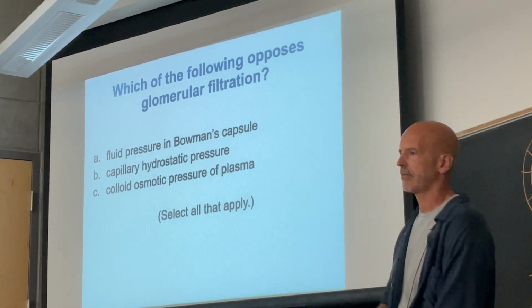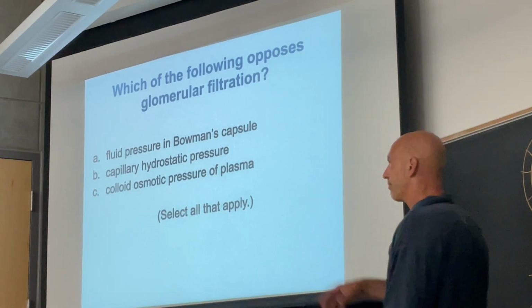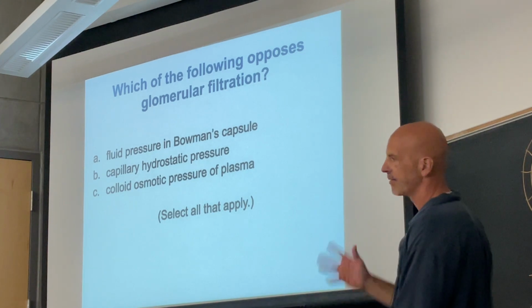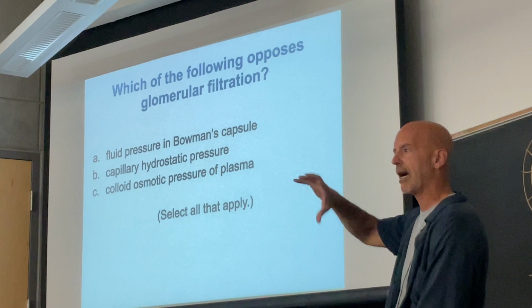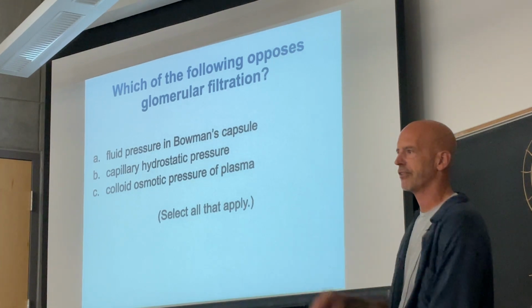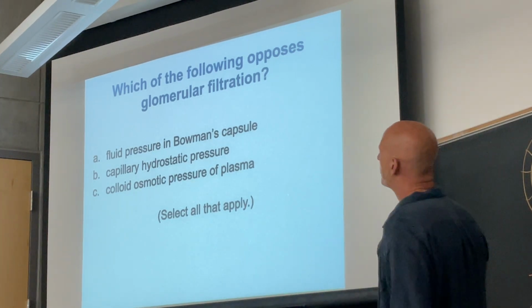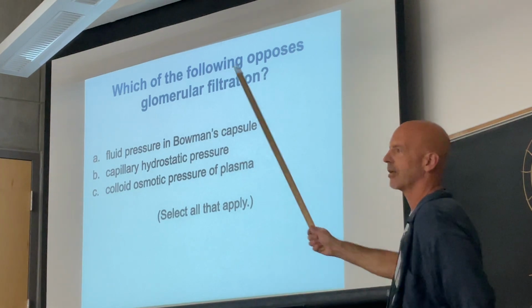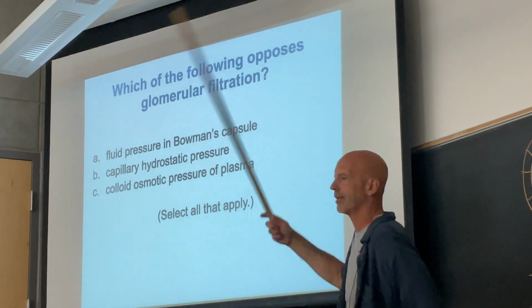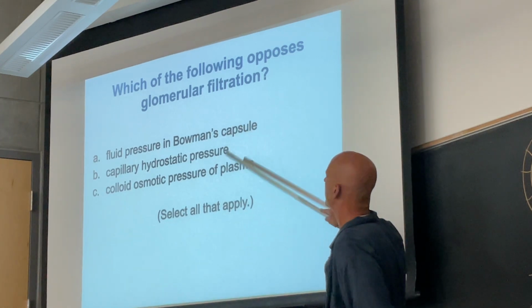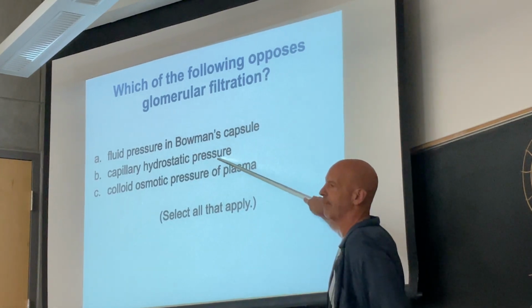This is all basic, like when we talked about the capillaries before, it's the same kind of stuff, right? Except that maybe the fluid pressure in the Bowman's capsule was a little stronger, it was an enclosed capsule with a lot of fluid rather than the interstitial space. So the fluid pressure in the Bowman's capsule would tend to make the blood push into the capillaries, and it does a little bit, but it's not as strong as the capillary hydrostatic pressure.